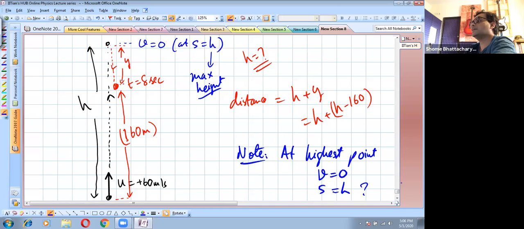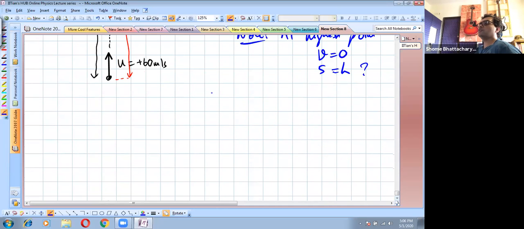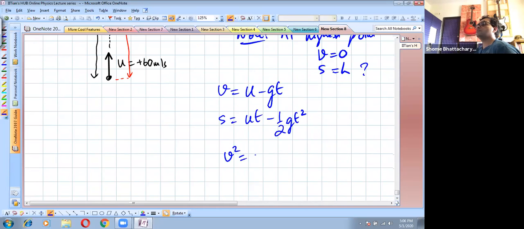So you want to find out how much this height is. For that you use the third equation of motion. So apart from v = u - gt and s = ut - (1/2)gt², you also have v² = u² - 2gs, because we'll substitute a as -g.